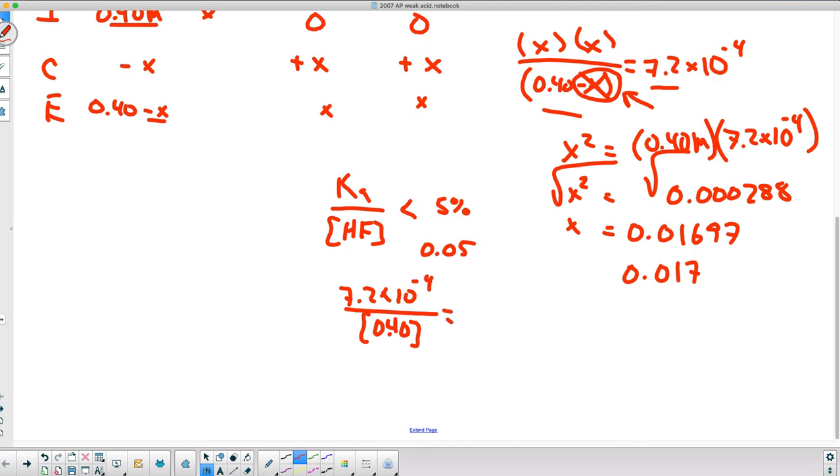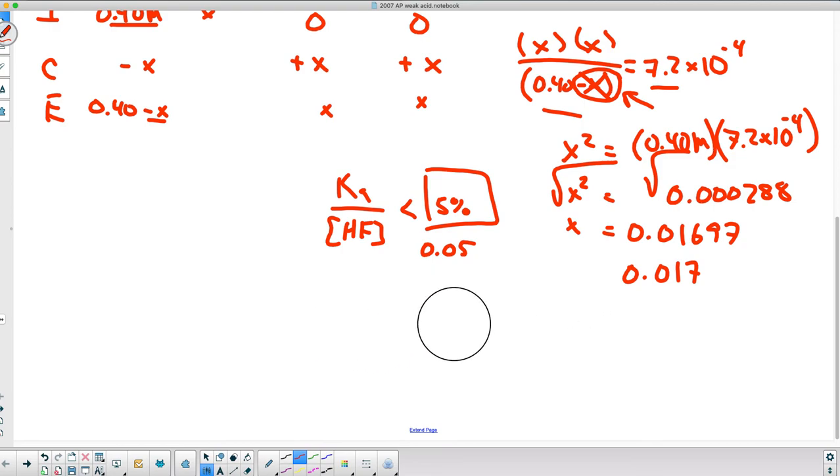Let's find out. 7.2 E minus 4, divided by 0.4 equals 0.0018. Nowhere close to 0.05, to 5%. This is called the 5% rule. You can use the 5% rule anytime the Ka divided by initial concentration of the acid is less than 5%, or 0.05. And it clearly is this time.